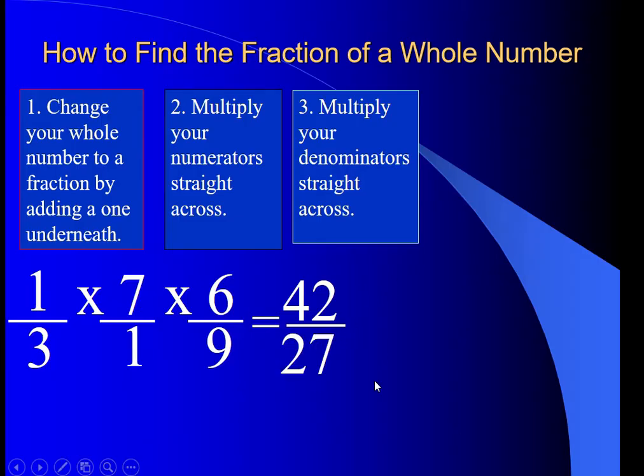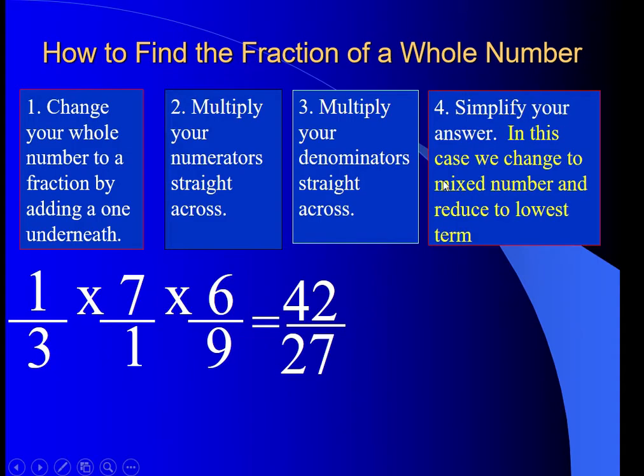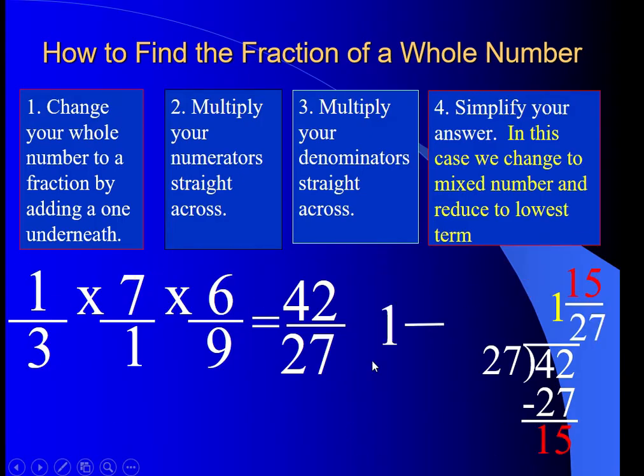So, this is an improper fraction. So, we've got to simplify this by changing it to a mixed number. 42 divided by 27, we have 1. So, this is 1 and 15 27s.